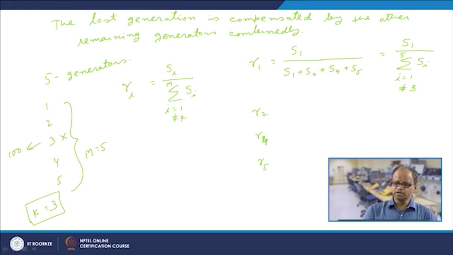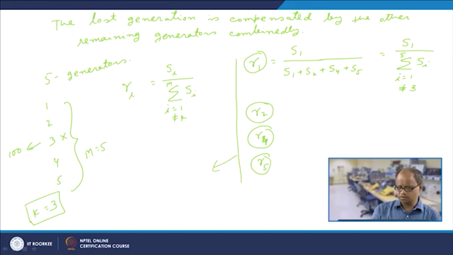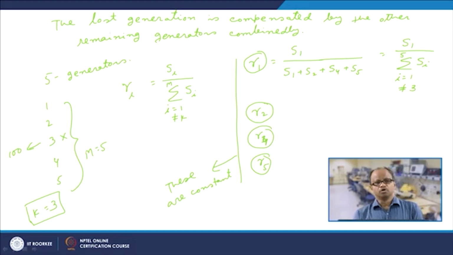Once we get gamma 1, gamma 2, gamma 4 and gamma 5, because all these quantities are known, being nothing but the MVA ratings, these are all constant quantities.